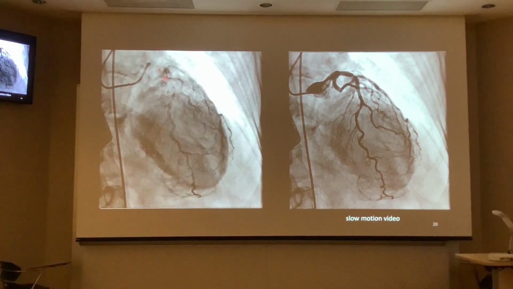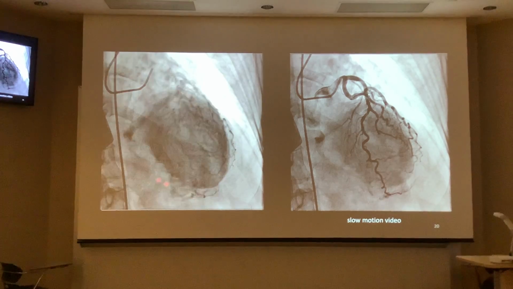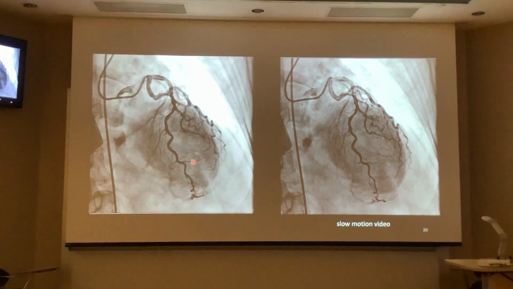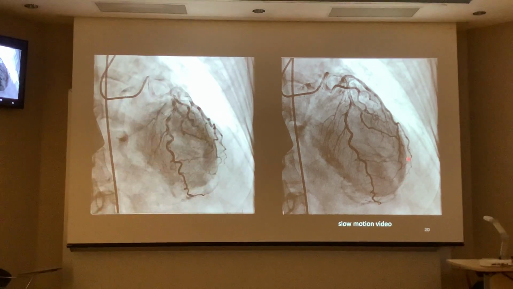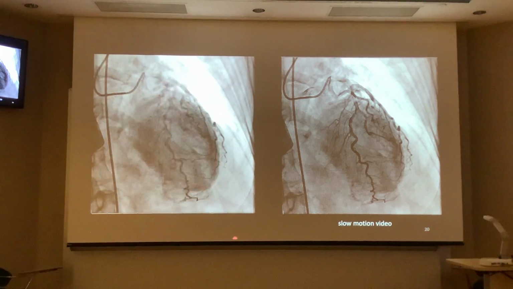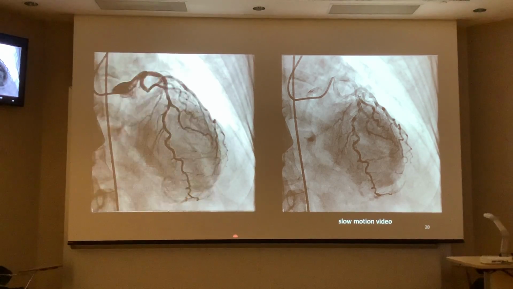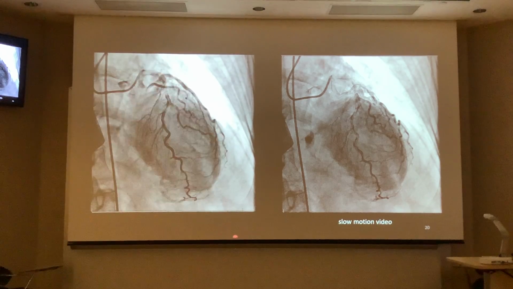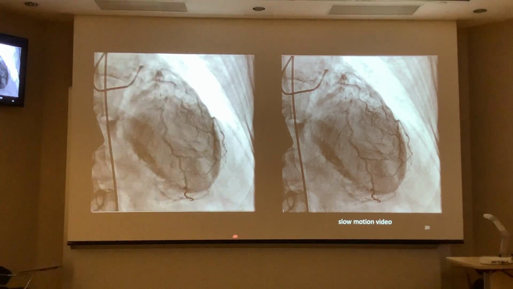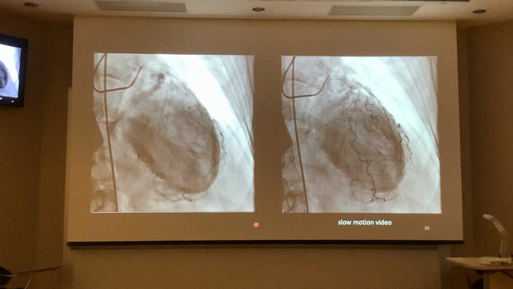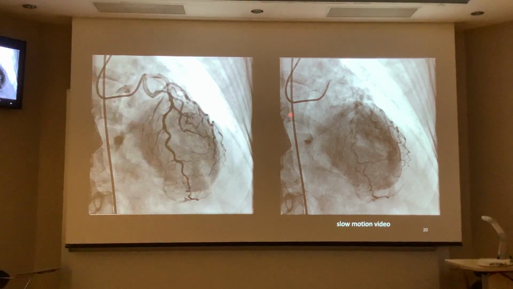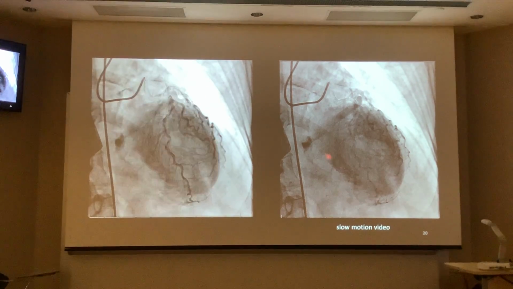So this is the angiogram without any slow motion effect in this patient. And then these are all the frames pieced together using the slow motion effect. I like the slow motion video better because it's easier to visualize what's happening. I'm going to let this restart here.